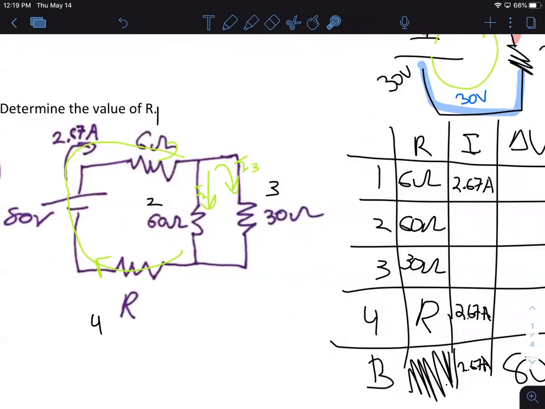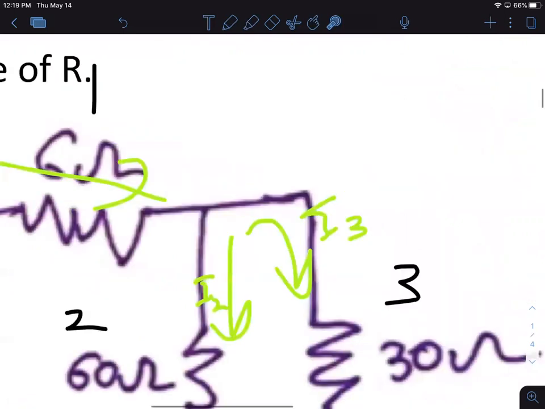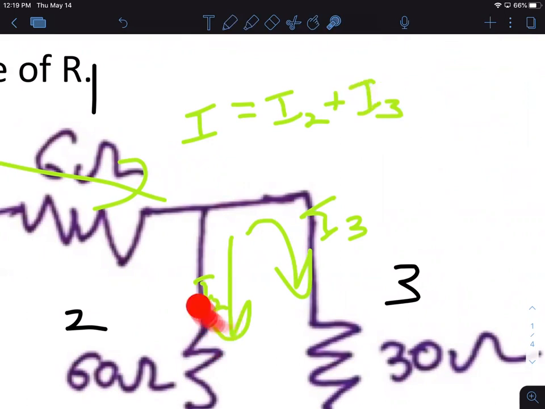I can say that, again, I have a current going in as I, and current coming out of these two. And current has to be conserved. So these two together need to add up to the current going in.